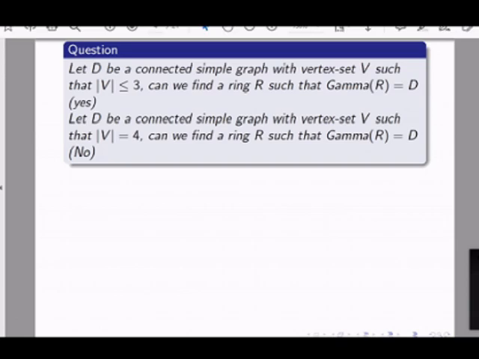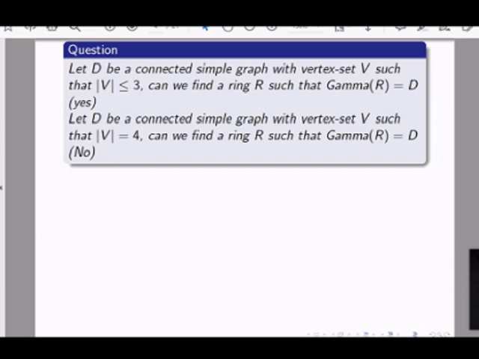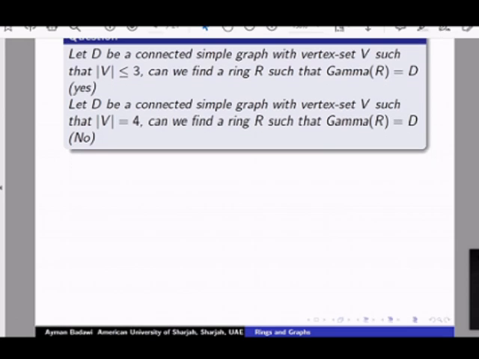Remember, Gamma means the zero divisor graph of the ring. And the answer is yes. And the same question: let D be a connected simple graph with vertex set V, where the number of vertices equals 4. Can we find a ring R where the zero divisor graph is equal to the given graph?